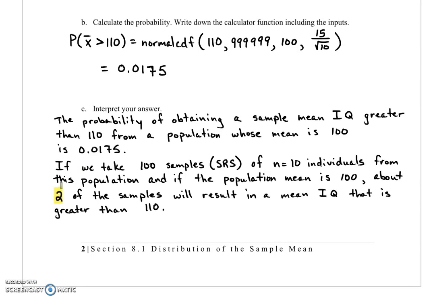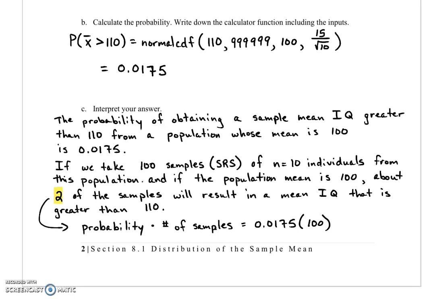Now, how did we get this 2 samples? Well, that's easy. To get the 2 samples, we take the probability and multiply by the number of samples we said we took. So in this case, that is 0.0175 for the probability times we took 100 samples. And why did we choose 100 samples?